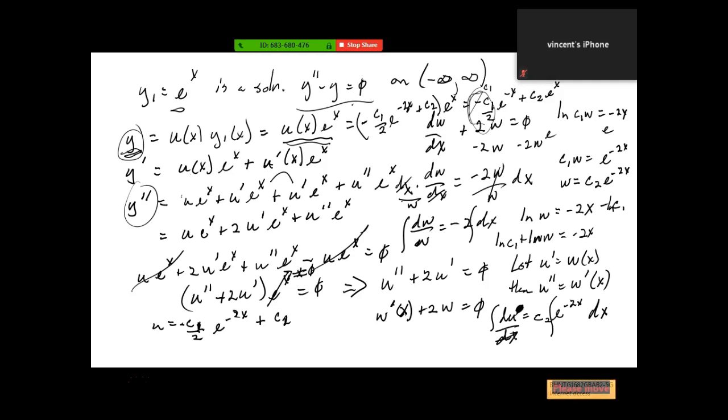Who cares what the desired second solution is? I guess what they're saying, we already have the e to the x in it, so let's just let c be 0. Okay, fine. And then just to make it look better, let's just have c1 be a minus 2, and then that becomes just 1.